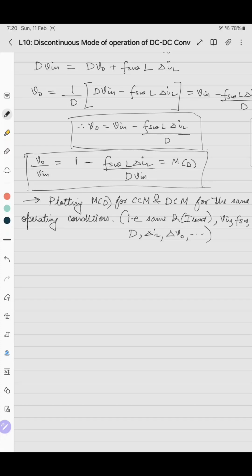We have to just compare, for the same operating condition, which mode of operation, DCM or CCM, gives the highest gain, and that too for which duty ratio.